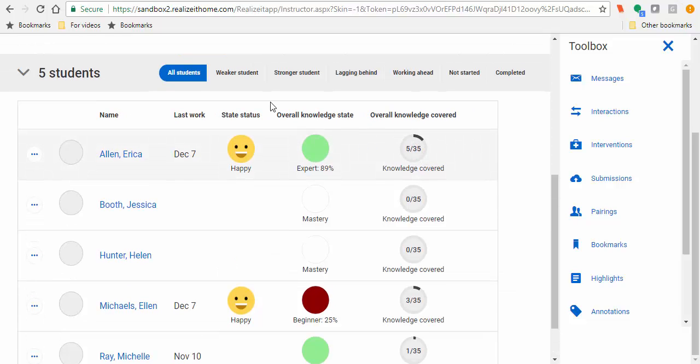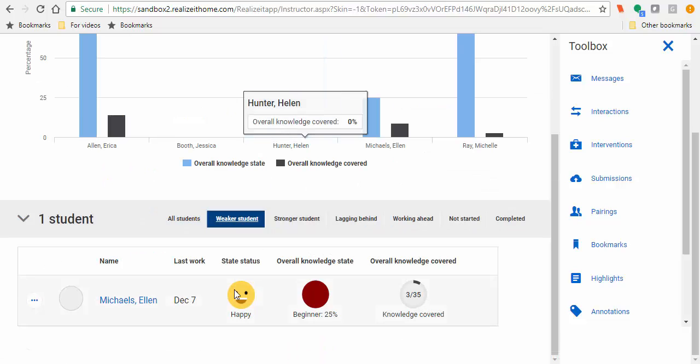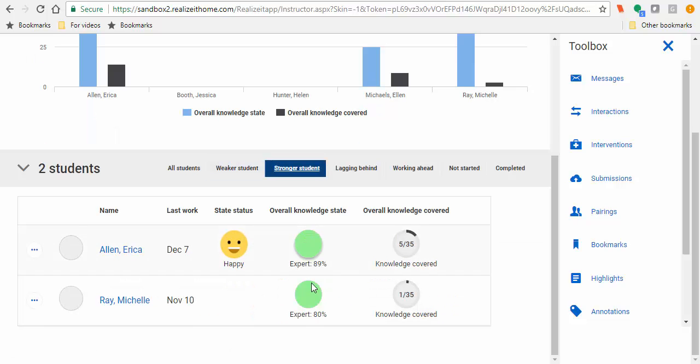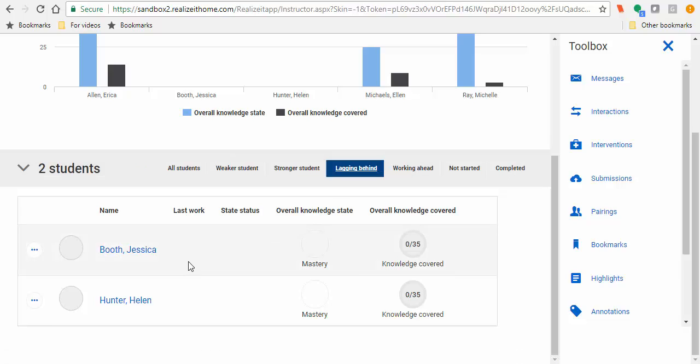So let's take a look at some of the other features. So we can look at the weaker students. Okay, so we have this student who's our stronger student? Who's lagging behind? These are students who have done no work. This is a great opportunity to say, Jessica, Helen, you need to get started because to move forward with your assignment and discussion this week, you really need to work through the material in Knowledge Path.